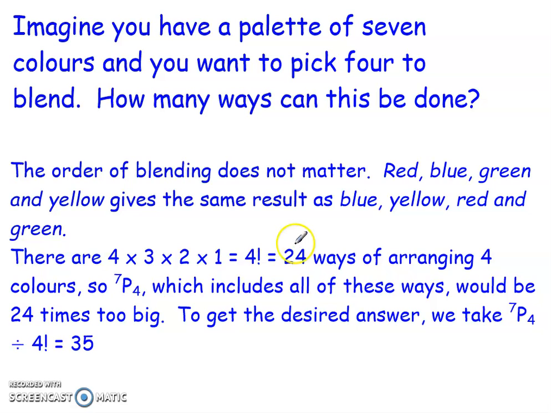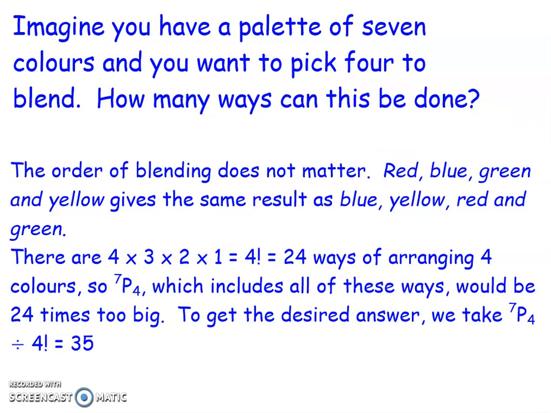So to get the desired answer, we have to take the permutation, which we had before, so in this case 7P4, so our arrangement of 4 colours from 7 in total, but we have to then divide it by this 4 factorial because it's 24 times too big and it doesn't matter on the arrangement. It's not like the cyclist one. It matters who finishes first, second, third, fourth, fifth and sixth there, but because we're mixing colours, you will still get the same result regardless of which order you mix them in. So that doesn't come into play in this one.